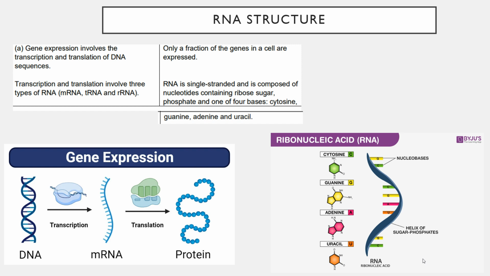A major difference this time is that the three types of RNA are all single-stranded, a single strand of repeating nucleotides versus the double-stranded nature of DNA. Another difference is the type of sugar, which this time is ribose. And of the four bases, we still have C, G, and A, but in all the types of RNA, the T is replaced by uracil, U. Other than that, base pairing rules still apply. RNA and DNA are very similar molecules, but with these differences.